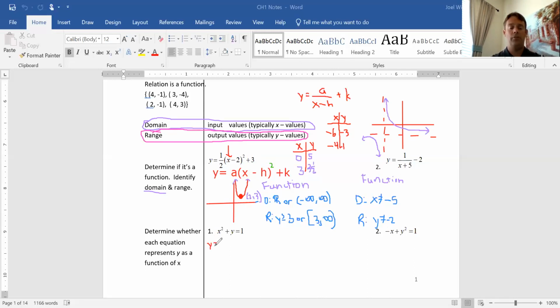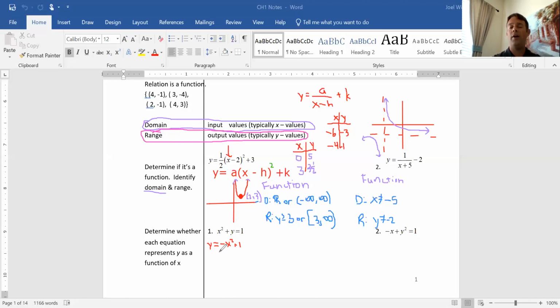Whenever we're dealing with functions, some people say that functions have something called a y form. It's where you get y by itself. So x squared plus 1. All right. So on these, now we're just trying to determine whether each equation represents y as a function of x.